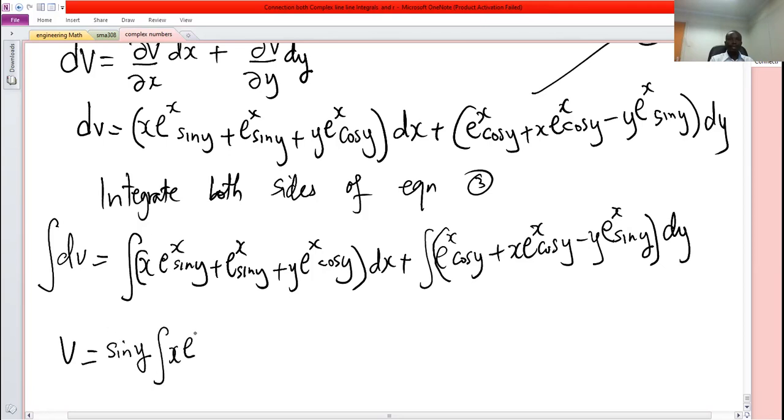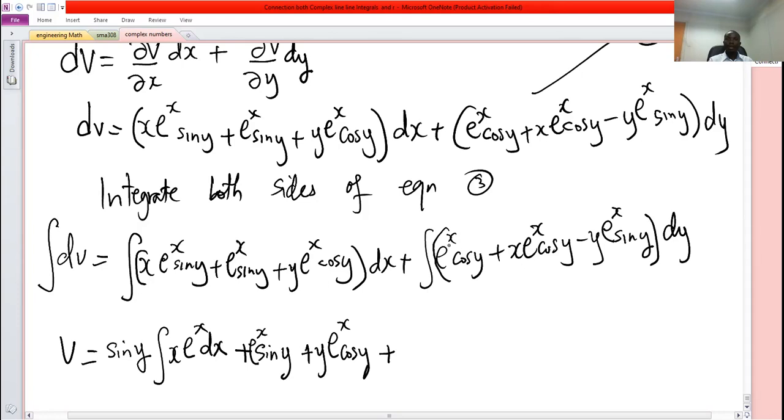Integrate x e raised to the power x dx, plus this with respect to x, integrating e raised to the power x gives just e raised to the power x, so we have sine of y times e raised to the power x. And in this other part, cos y doesn't depend on x, so we just have y e raised to the power x cos of y. A constant of integration will be added at the last step.